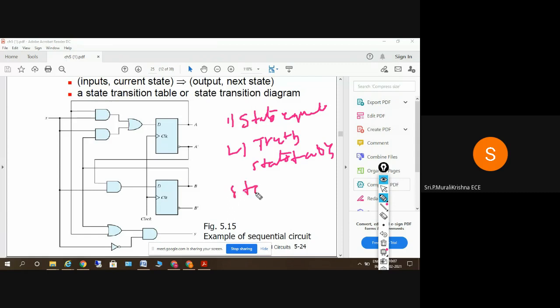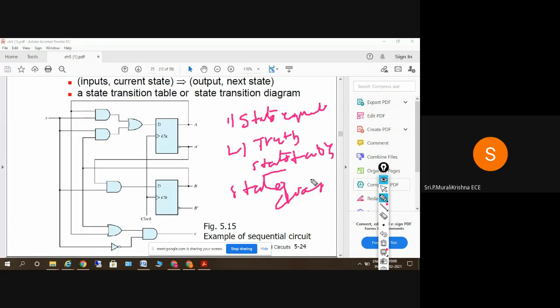When you are given a circuit in your problem, the problem should be like this. We first derive the state equations. After deriving the state equations, we go for deriving the state table.